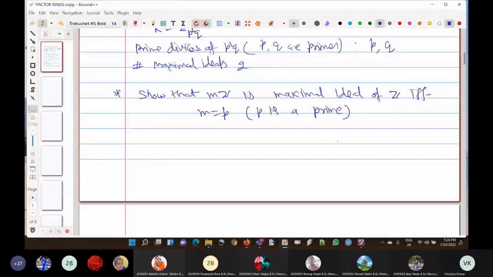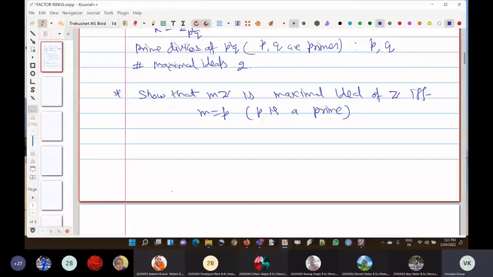All right. So this you can try to prove. Okay. So how many ideals are there in Z? There are infinitely many ideals. How many maximal ideals? Infinitely, of course, because the number of maximal ideals is going to be a subset of the total number of ideals.